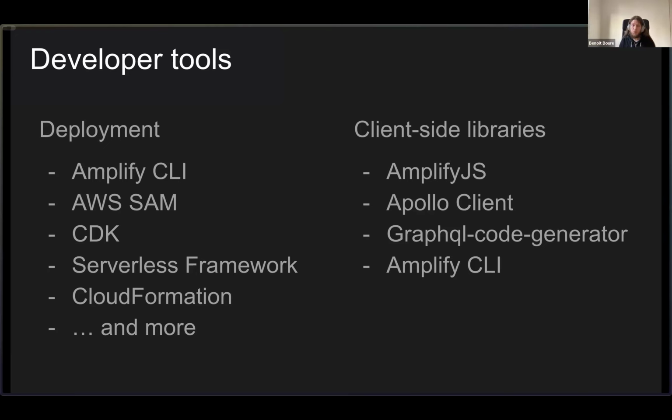You can use SAM as well, the Serverless Application Model. You can use the CDK, Serverless Framework, plain CloudFormation if you want, and many others, like Pulumi, whatever. I think the acceptance of AWS AppSync is quite large, so it's supported by many libraries.